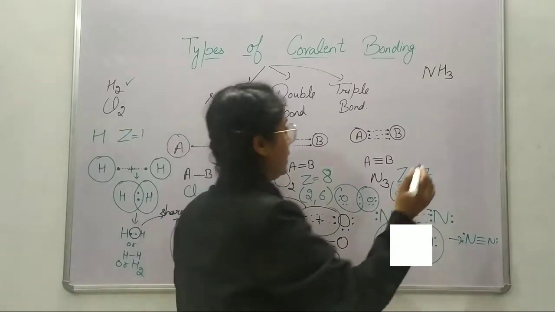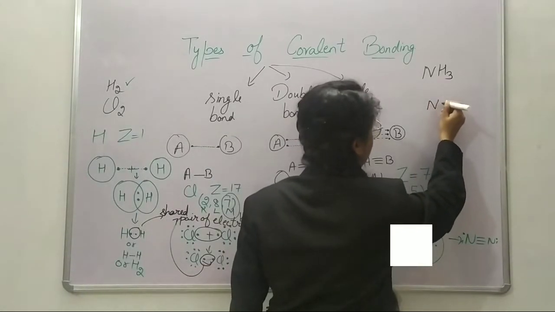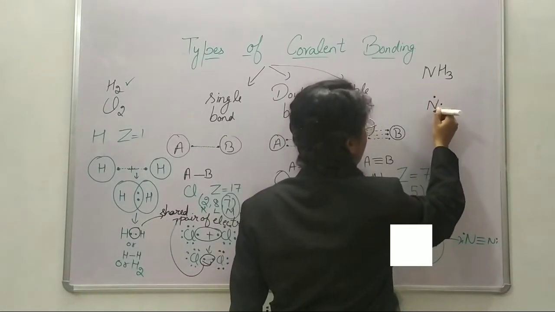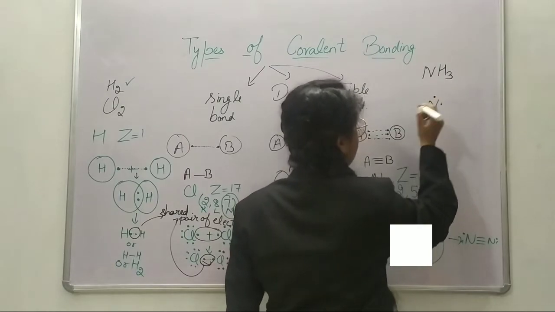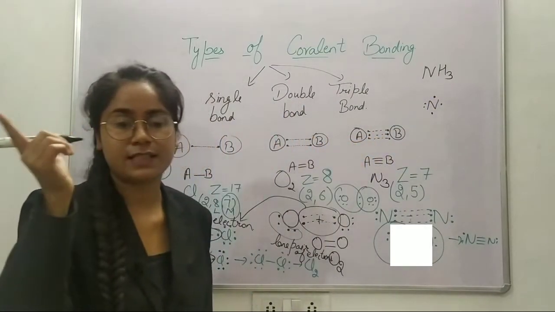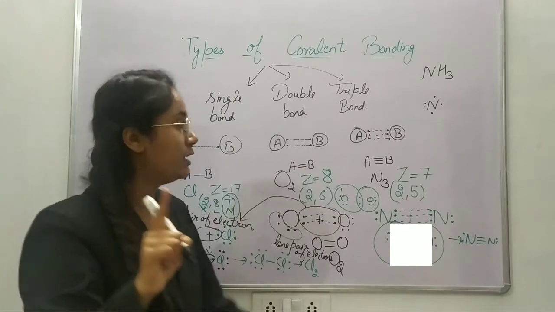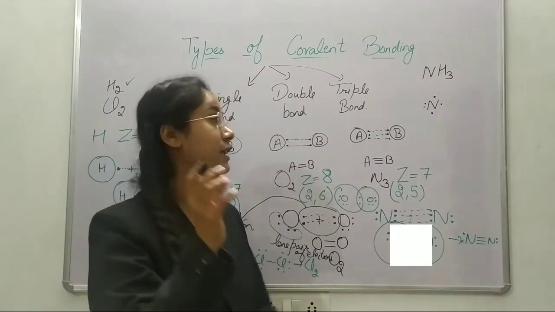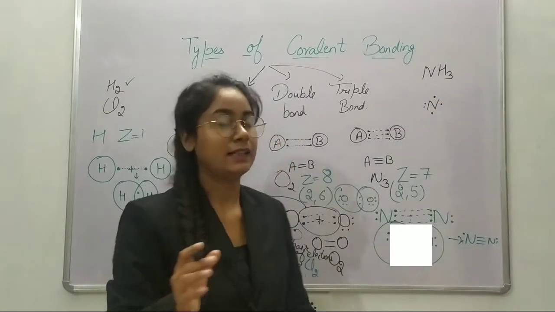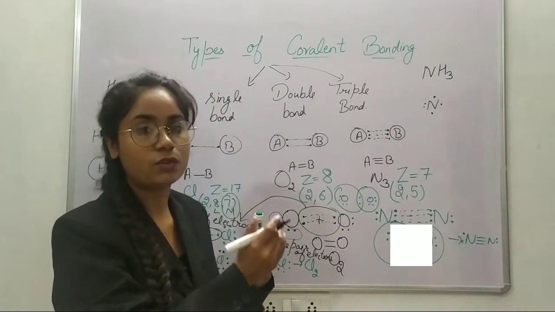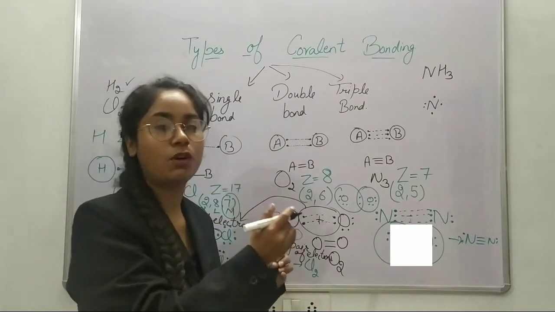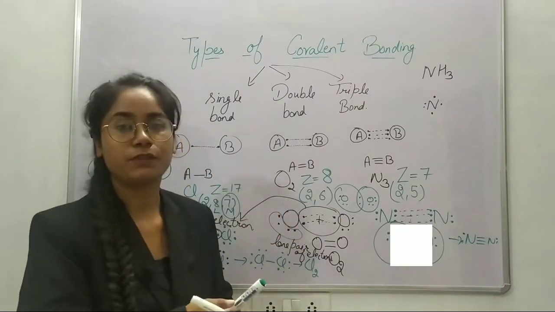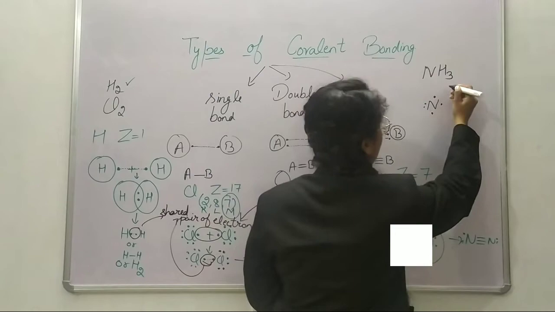3. Okay, so I would write 1, 2, 3 and the leftovers here. How many electrons does hydrogen need? 1. If 3 hydrogens are present in ammonia, then every hydrogen would be making a single bond with nitrogen to make this formula. How?